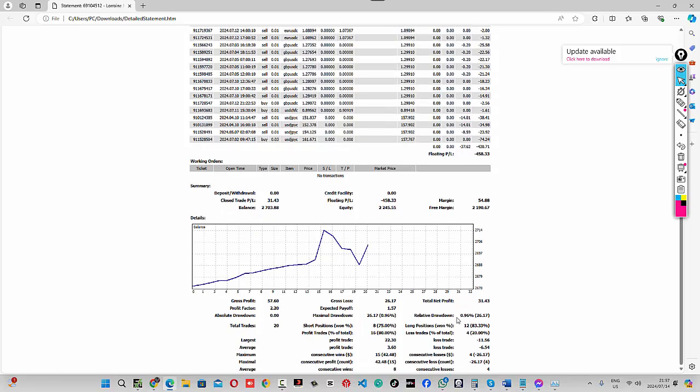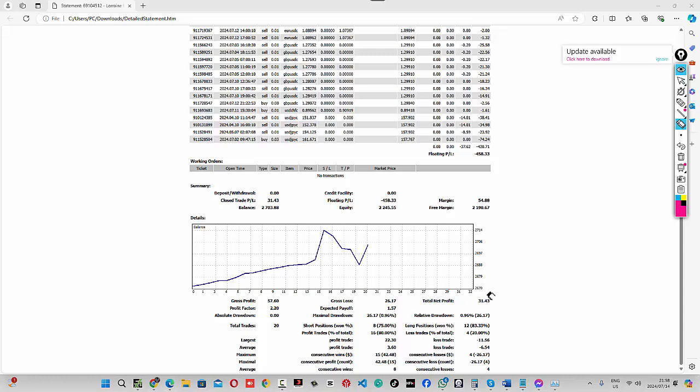If you look at what we risk, our drawdown is 0.96, which is $26.17. Like I said, once your drawdown is lower than your profit, that means that week we have done good.